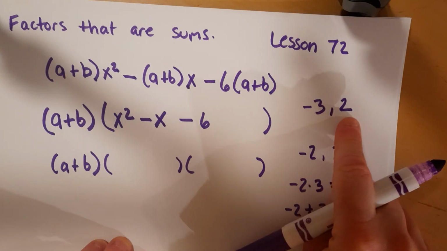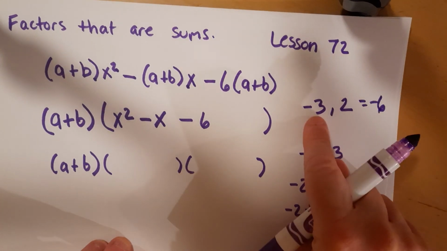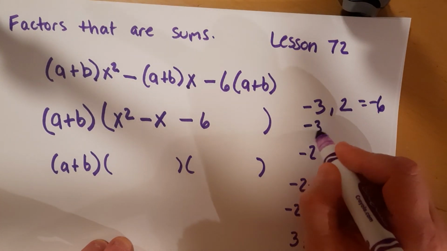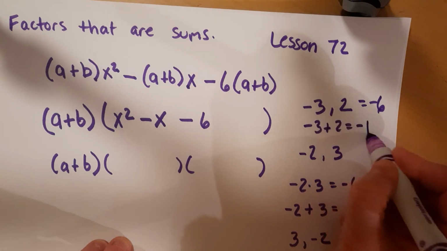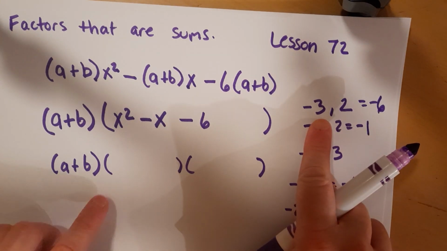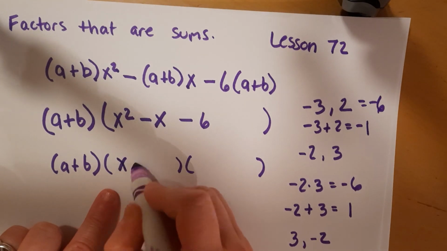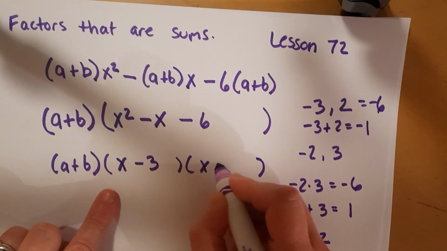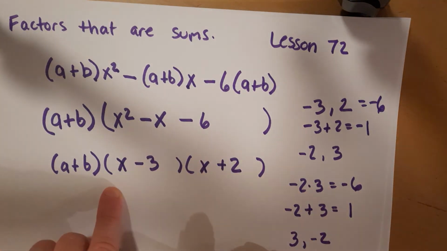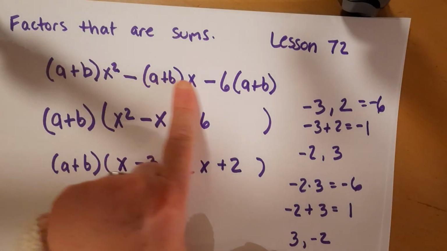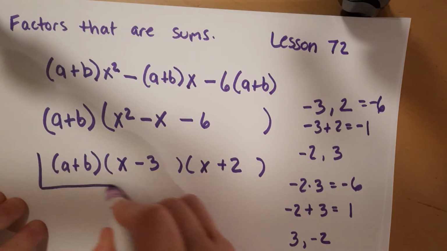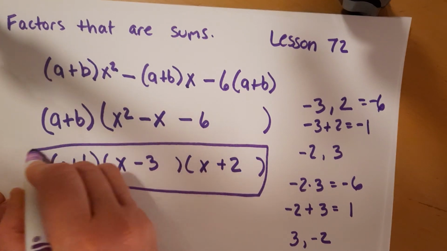Okay, negative 3 times 2 equals negative 6, and negative 3 plus 2 equals negative 1, which is finally the ones that we're looking for. So we need to make x minus 3 and x plus 2. So the answer when they ask you to factor this becomes this, 3 factors.